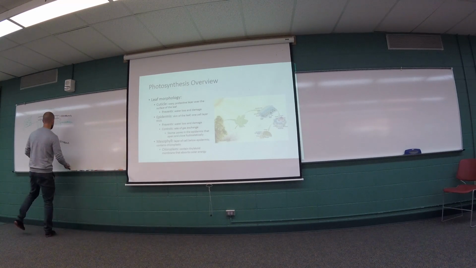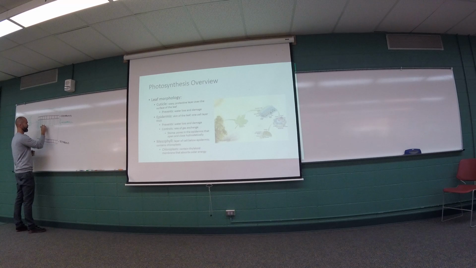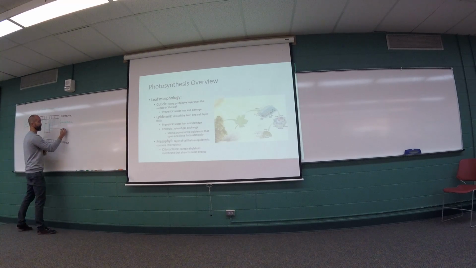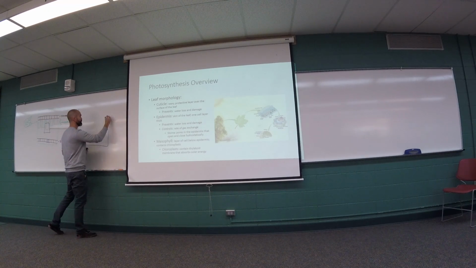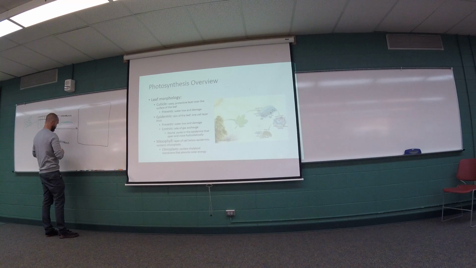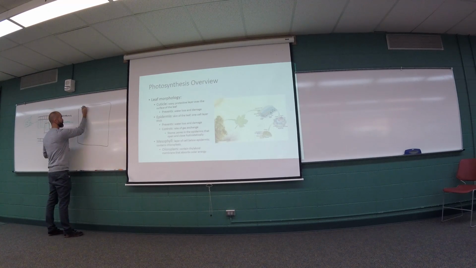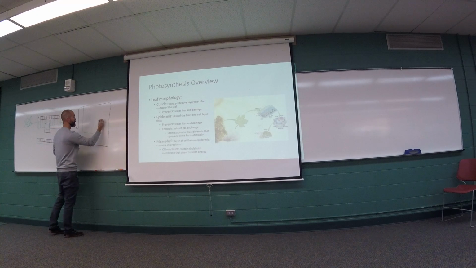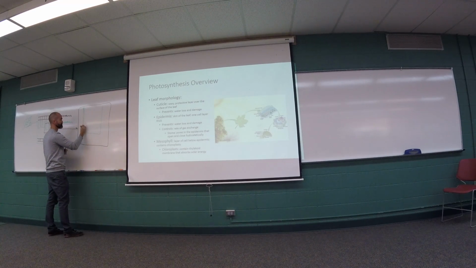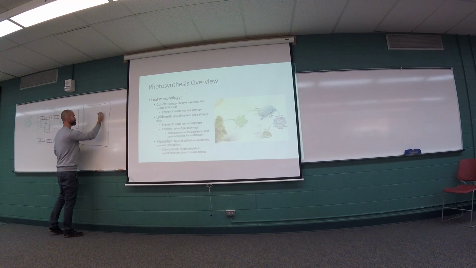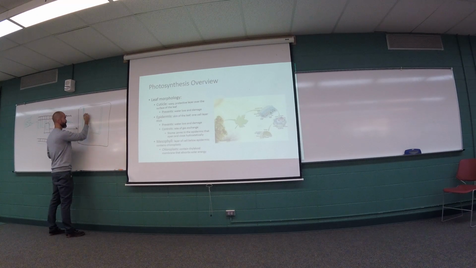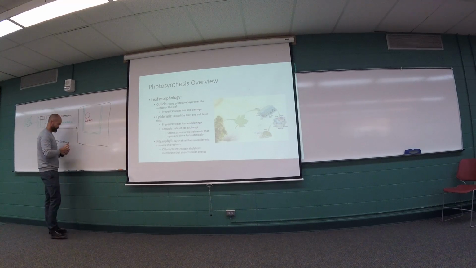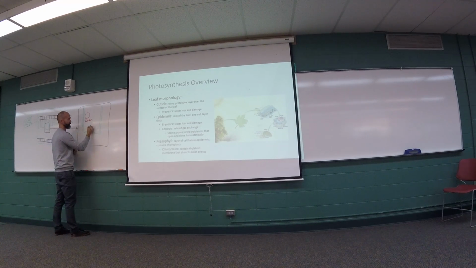So if we were to take one of these mesophyll cells, we'll just take this one, and magnify it, it would look something like this, where there is a cell wall and a large nucleus, and then many chloroplasts.